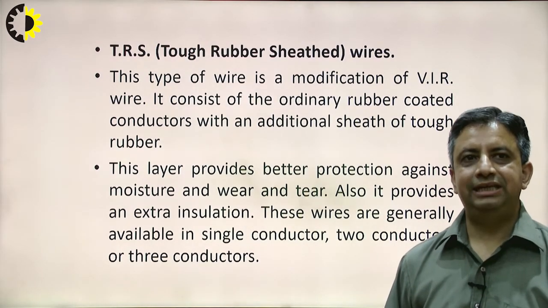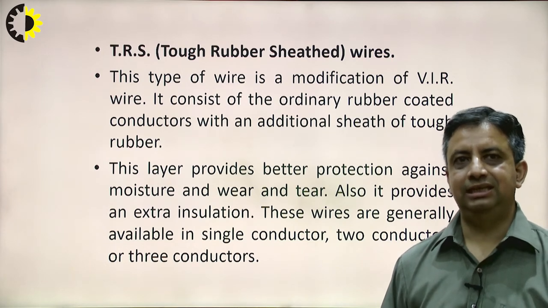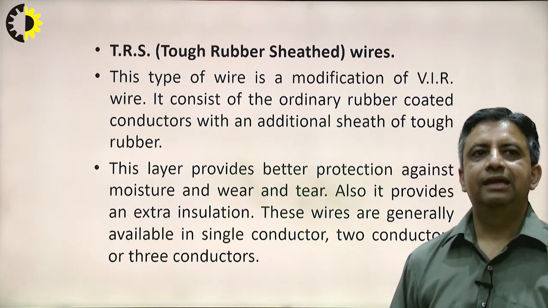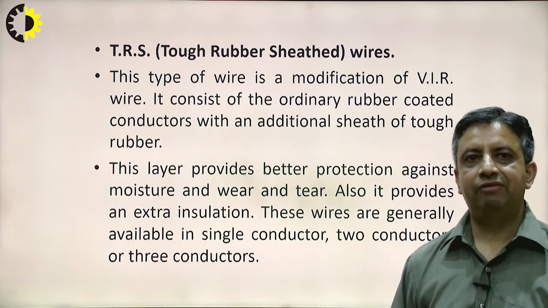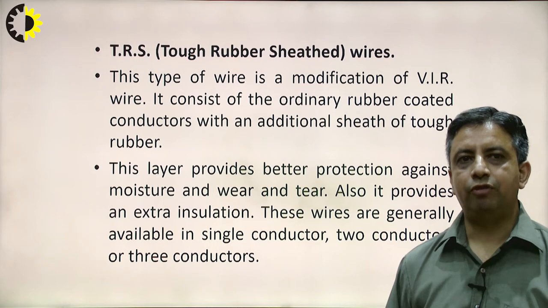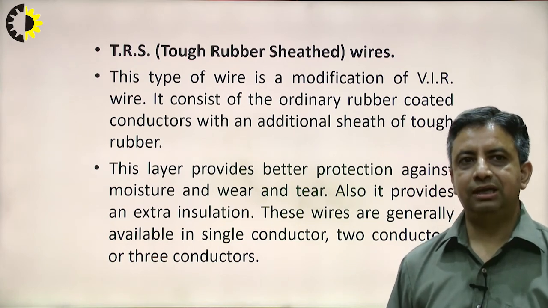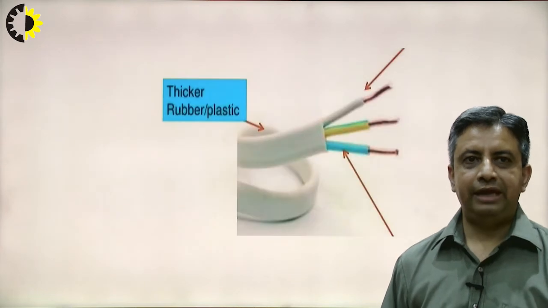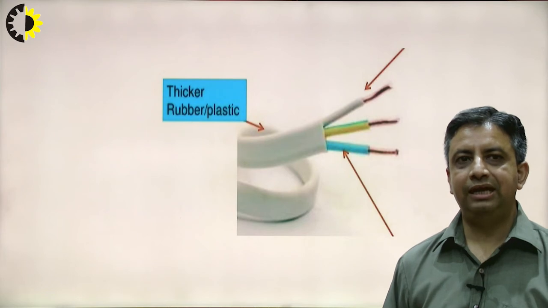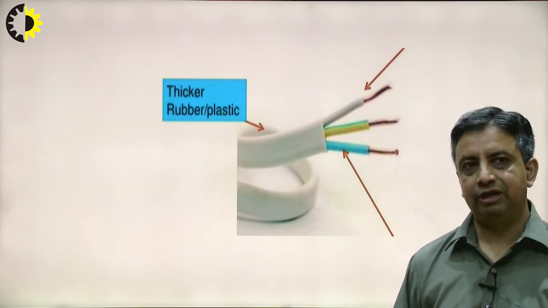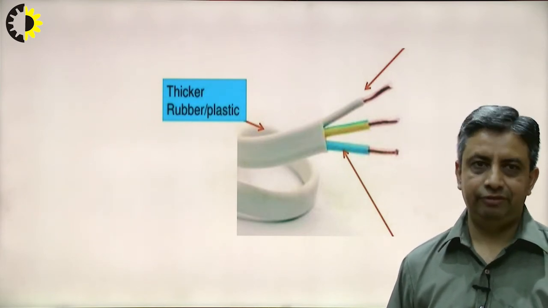The second one was TRS, tough rubber sheathed. In this type of wire, a modification was made to the VIR wire. It consists of ordinary rubber coated conductors with an additional sheath of tough rubber. As you can see here, one more protective layer was provided on the outer side, a thick layer of rubber.